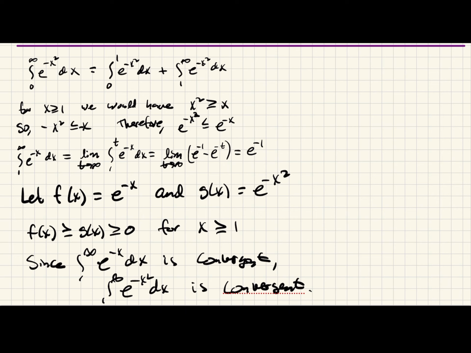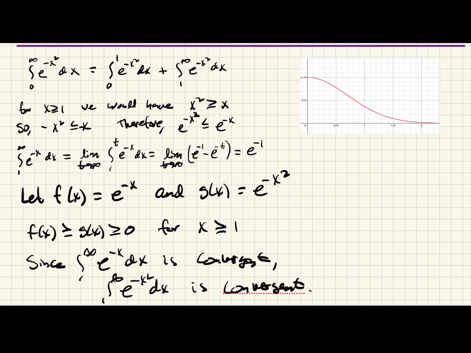Tell me about e to the minus x squared from 0 to 1. It gets smaller at a faster rate. Is it infinite? Are my limits infinite? No, they're finite, aren't they? So what about its integral? No, it's fine. That means it's going to be a finite value, isn't it?